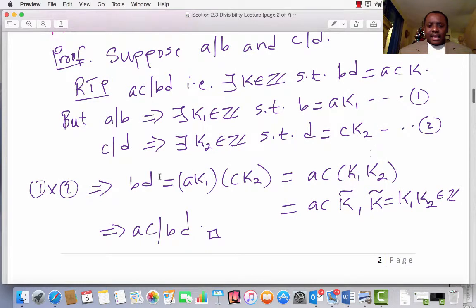And since A, C, K1, K2 are all integers, where there is commutativity and associativity, this leads to AC times K1K2, which equals AC times K wiggle, where my K wiggle is K1 times K2, and that is an integer because the product of two integers is an integer. So effectively, I just proved that AC divides BD, and we're done.